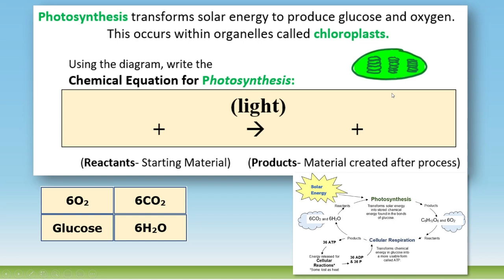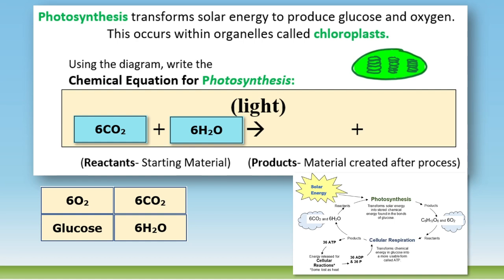All right, so let's just take a look here at photosynthesis. So photosynthesis transforms solar energy to produce glucose and oxygen. This occurs within organelles called chloroplasts. So chloroplasts are organelles that are only found in plants. So we're going to use the diagram to write the chemical equation for photosynthesis. So you have 6 CO2 or 6 carbon dioxide molecules plus 6 H2O, 6 water molecules, and light energy.